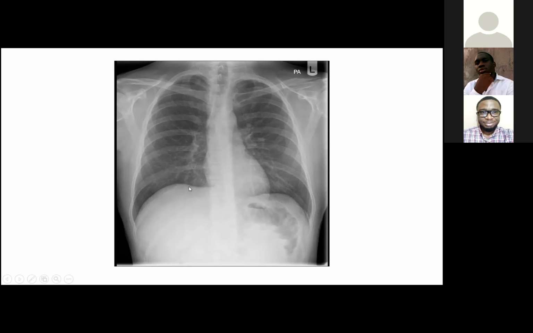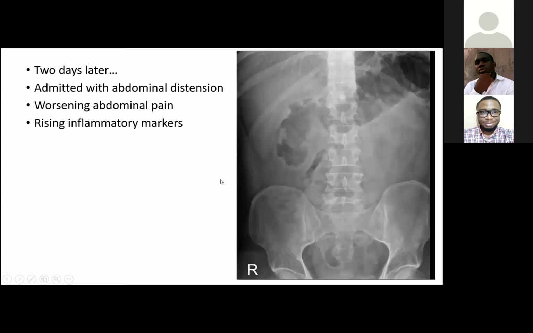So as you can see, there is no free gas. He became quite tender in his abdomen on clinical examination, and he had more pronounced bowel distension, and his inflammatory markers were rising since the admission. So the concern now was, is this guy developing a toxic megacolon?